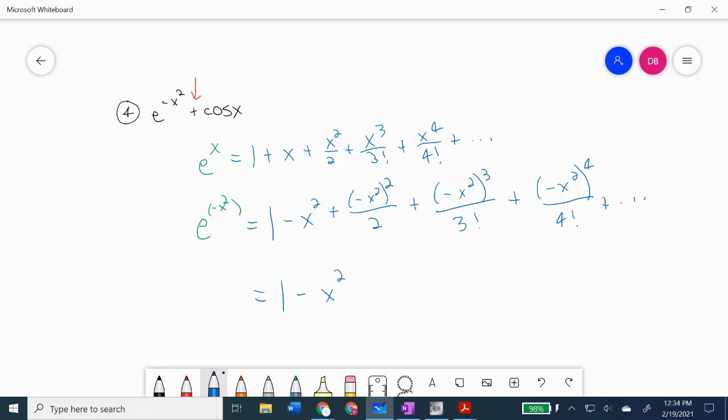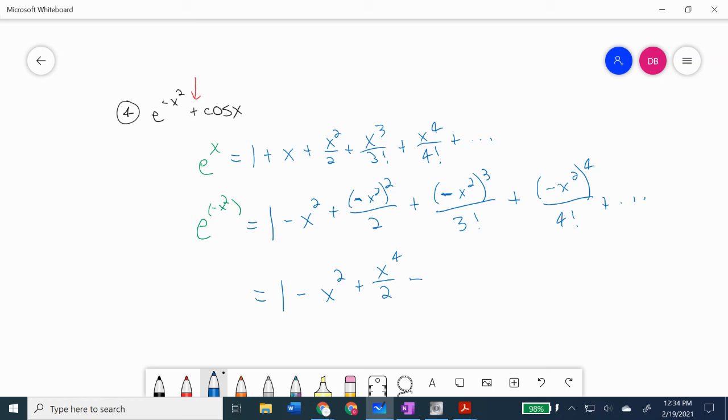I want to simplify this before I bring the cosine together with it. And I'm going to slowly make sure we don't mess this up. Negative sign is being squared, so I end up with positive, multiply the exponents 2 times 2, and then I am cubing a negative.